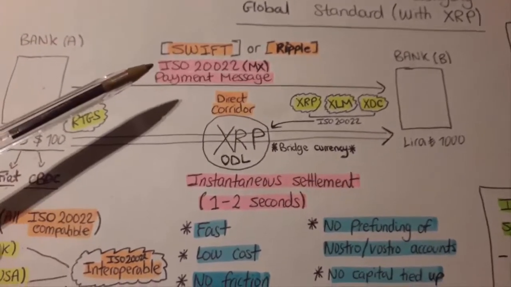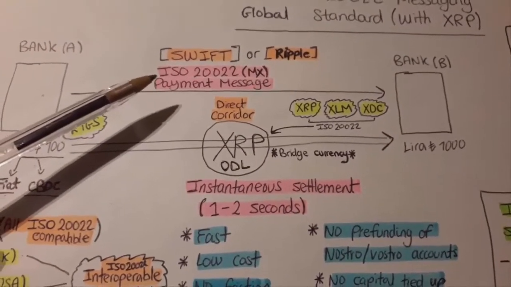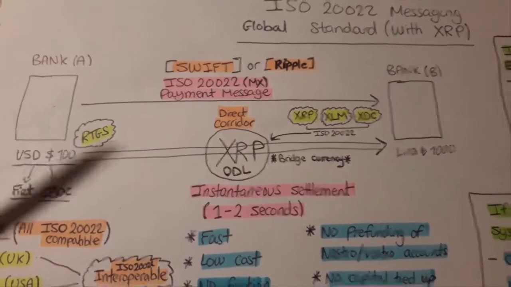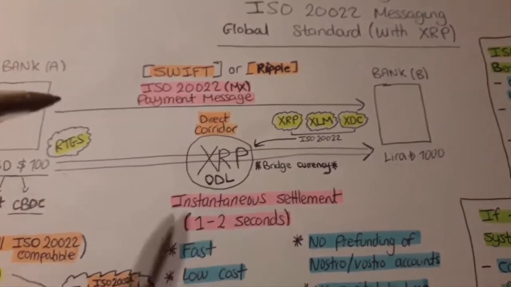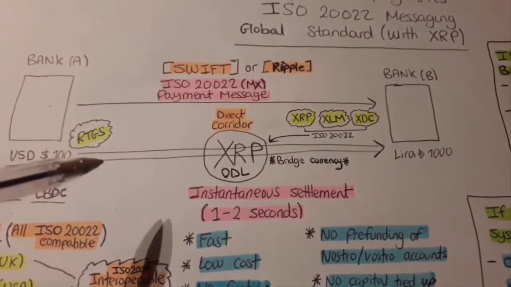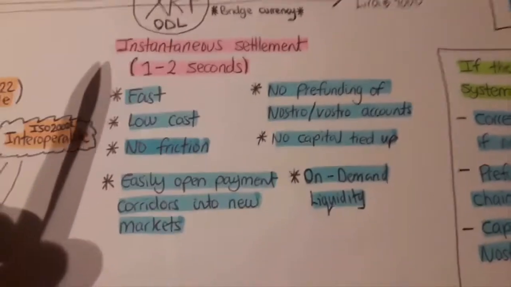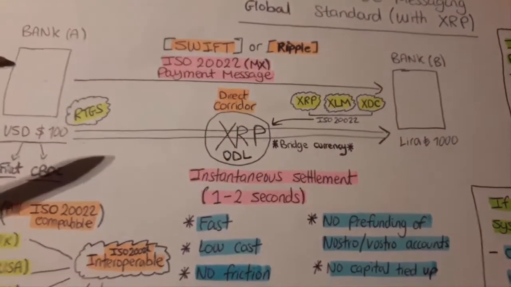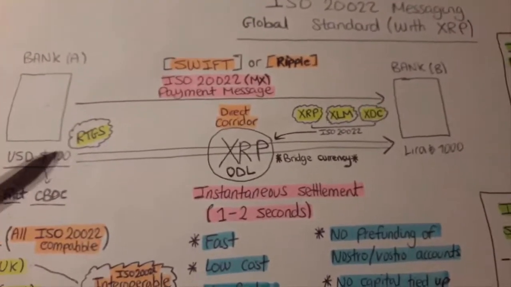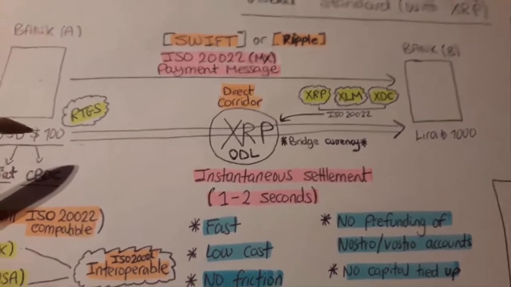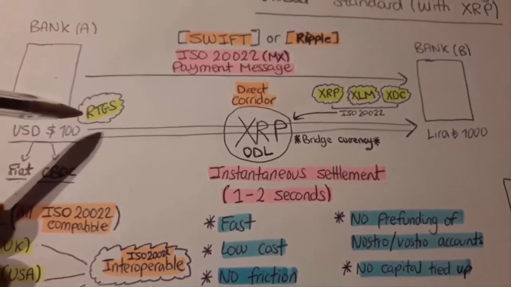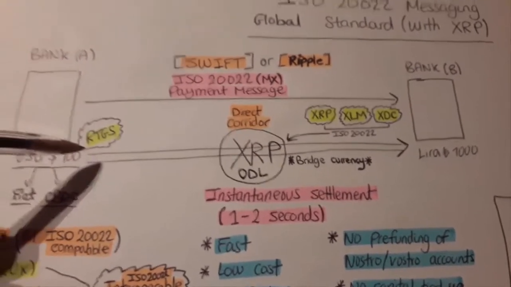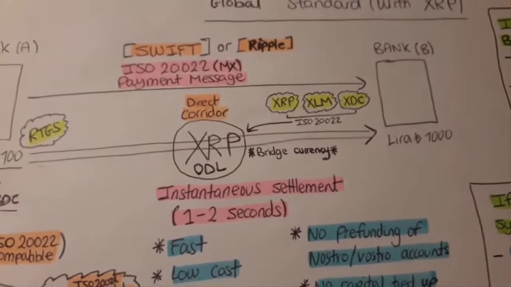So even though banks don't have to use XRP, they have the option to use XRP. But when you understand the value proposition of XRP and the problems that it's solving for these banks, and how it gives instantaneous settlement and how it's so much better and superior, we are hoping that many banks would tap into XRP and use their RTGS system, even if it's for a percentage of their cross-border payments.